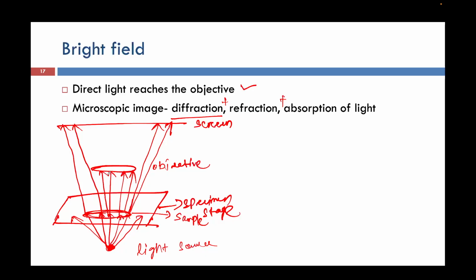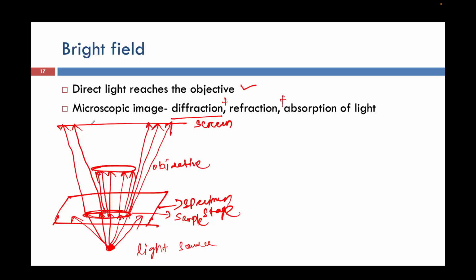Instead of refraction I am referring to them as diffracted rays. This is the simplest schematic I am drawing for you to understand bright field microscopy. This is my objective, and the diffracted rays are going through it.